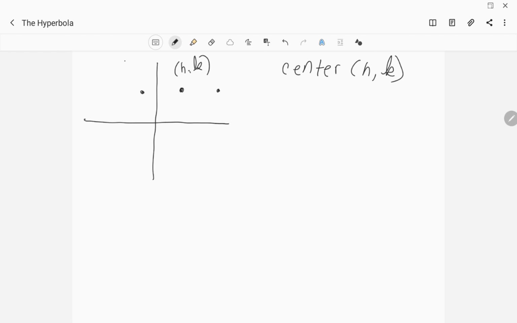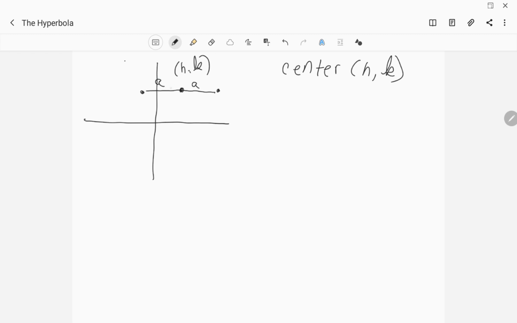So the distance from the center to one vertex is called A. Just like on your major axis from the center to the edge of the ellipse, the long way is the A. In this case, it's from the center out to one vertex is A. Your A is not necessarily your longest side. So from the center back to a vertex would also be A.